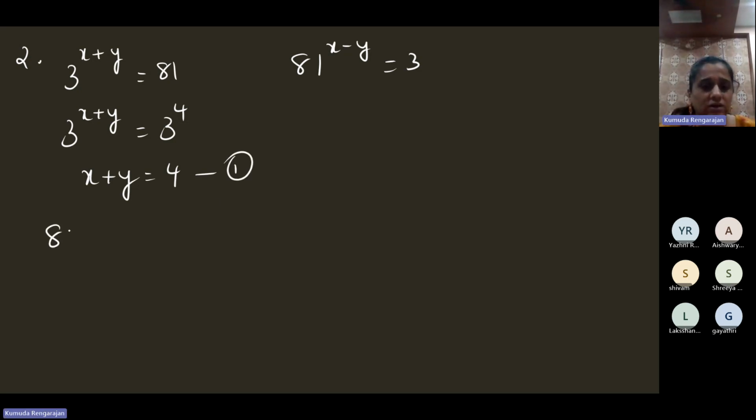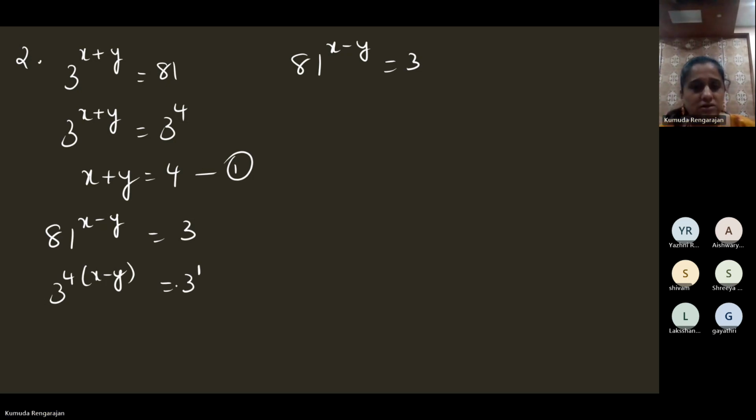The second one, 81 to the power x minus y is equal to 3. So 81 is nothing but 3 to the power 4, into x minus y, is equal to 3. So 3 means 3 to the power 1. There's no power written, so the power is 1. It's not 0, it's 1. So again, bases are same on both the sides. Equating the powers, we have 4 into x minus y is equal to 1.